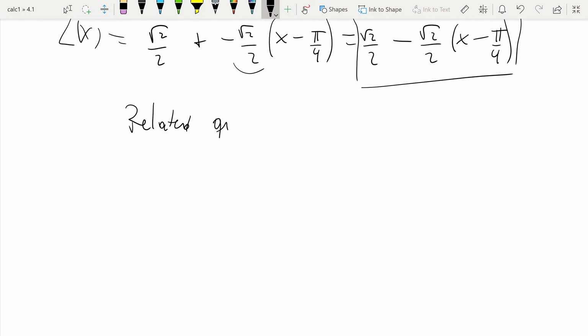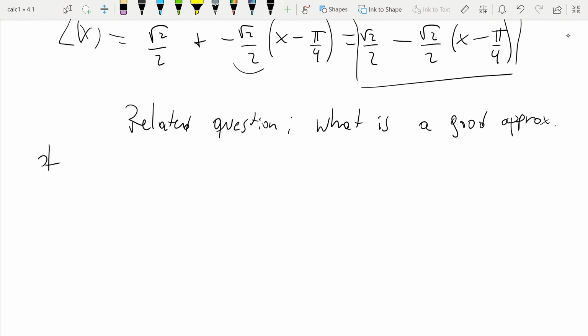A related question would be: what is a good approximation of cosine of pi over 4 plus 0.02, say? And they will give you a number of options, maybe below.